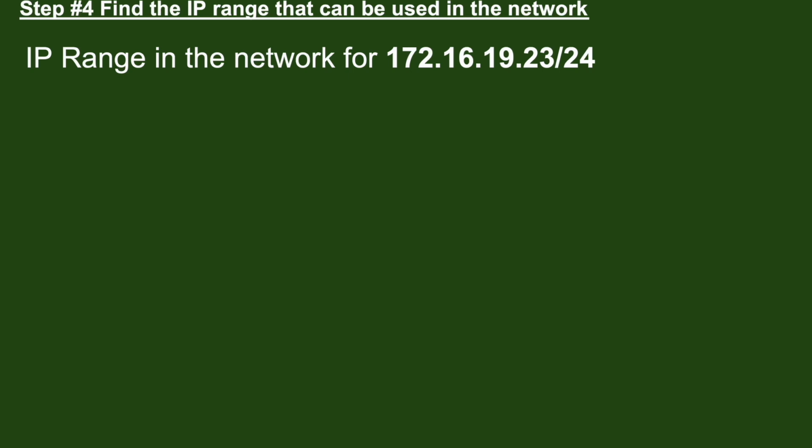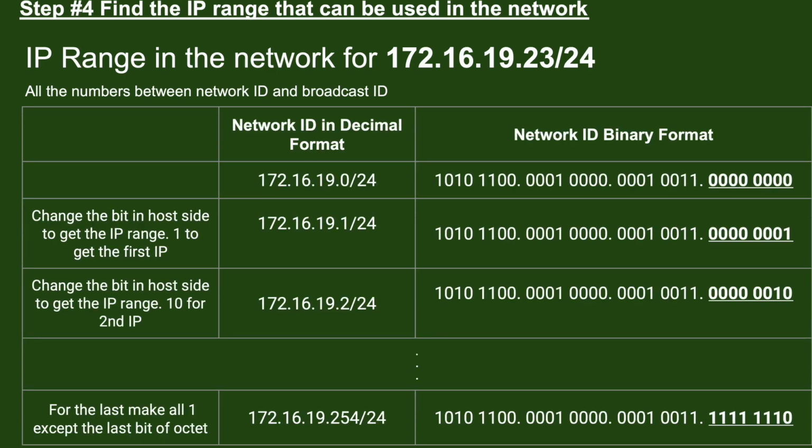And finally, we are going to identify the IP range that can be used in the network. The IP range in the network for the same IP address, how do you identify that? It's nothing but the set of numbers that comes in between your network ID and the broadcast ID. If you see the table here, the first line in the table, 172.16.19.0/24, if you remember, that is our network ID or subnet ID.